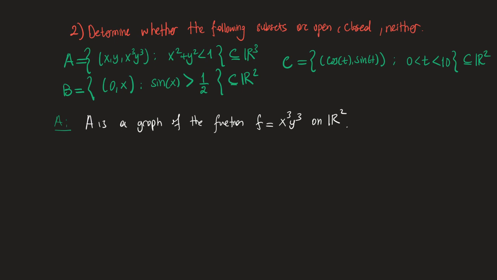It means that it cannot be open, and it will not be closed either because we are taking this set. This is an open set, so the image will be open, I'm expecting and I am observing. So I'm just going to prove it. Claim: A is not open in R3.